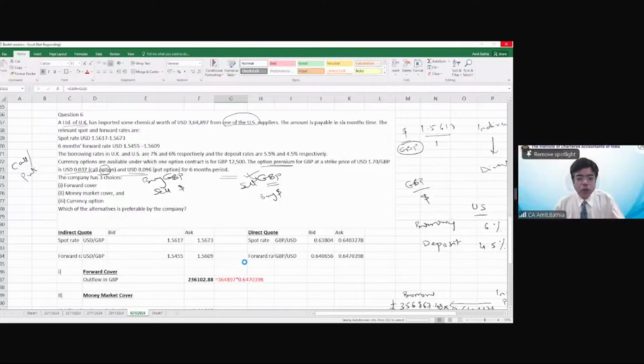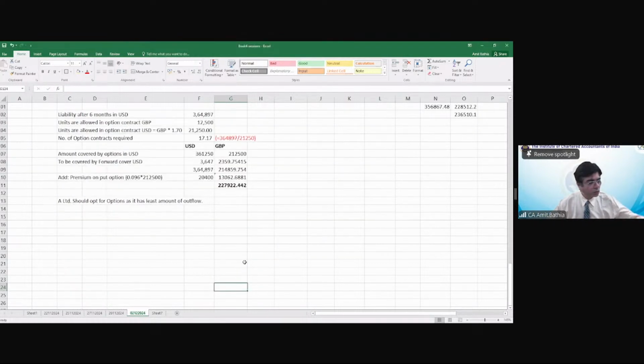All right, now we are going to do the next question, which is about computation of swap points. So before I start, let me start first of all with the basic introduction of swap.